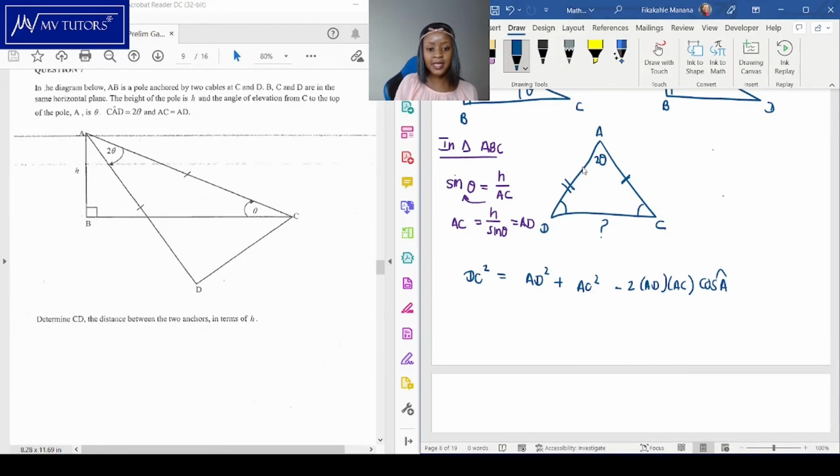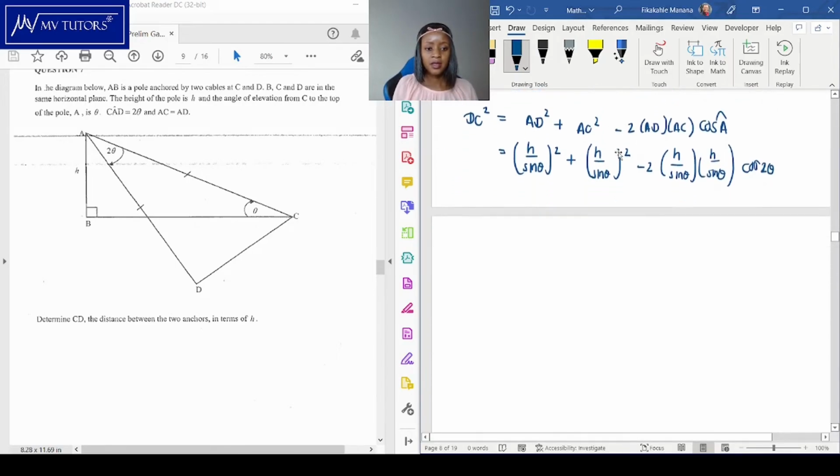So I know that AD is h over sine theta, and that is squared, and AC is h over sine theta, squared, minus 2 times h over sine theta, times h over sine theta, times cos 2 theta.